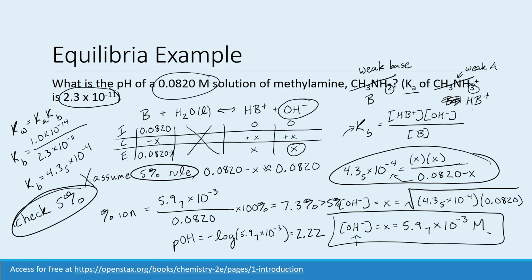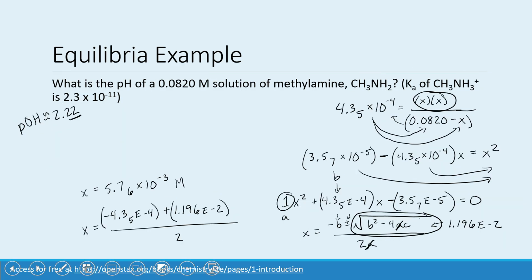And keeping in mind that from the last example, we saw that x is equal to your hydroxide ion concentration. So that x value is your hydroxide ion concentration, and we are trying to find the pH, so we can first find the pOH.